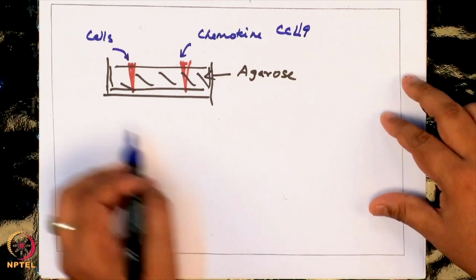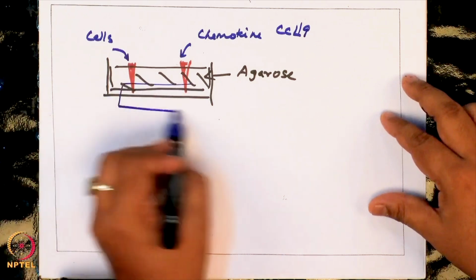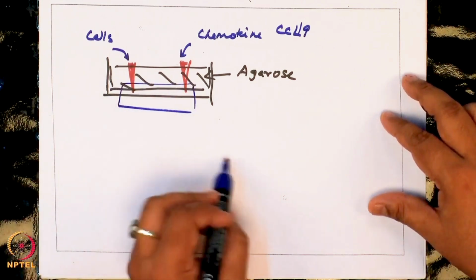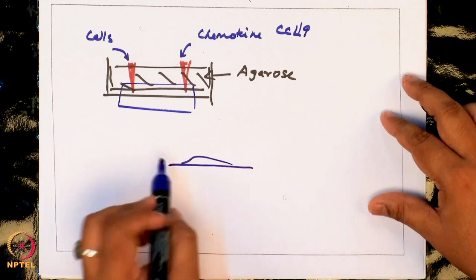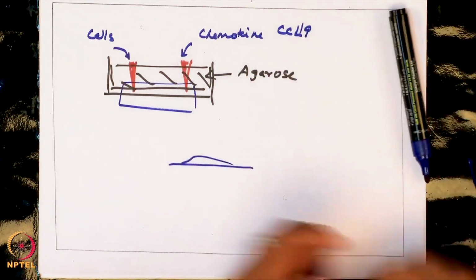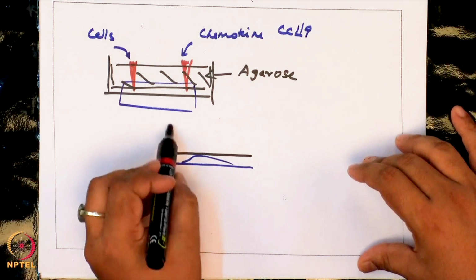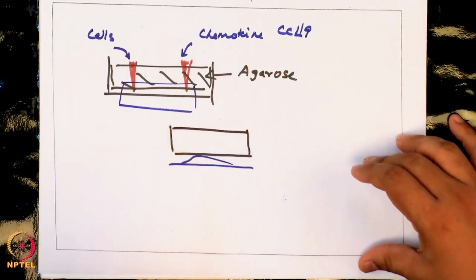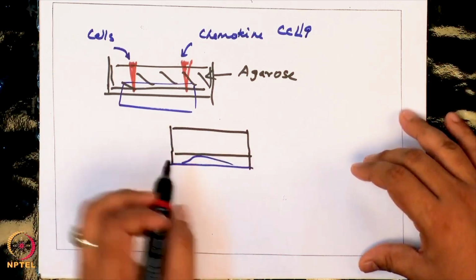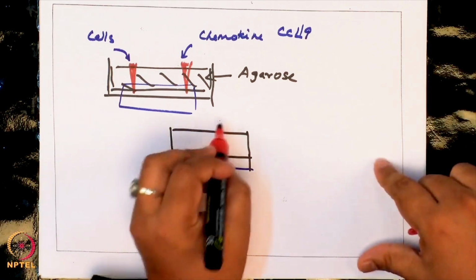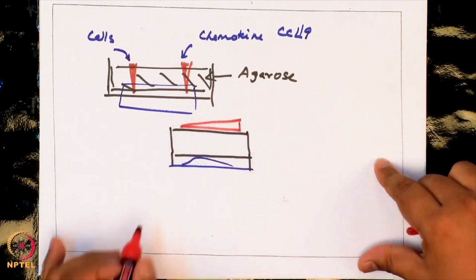In this setup, if I zoom into this zone, you have a cell which is migrating under a layer of agarose. Under the influence of the chemokine, a gradient will be formed.